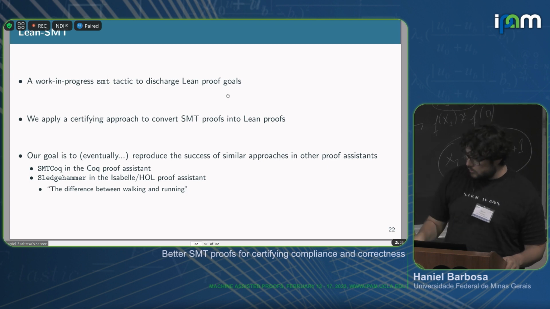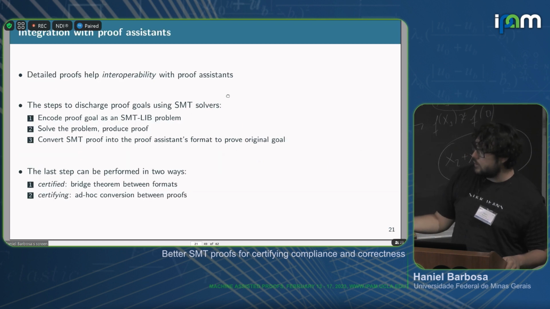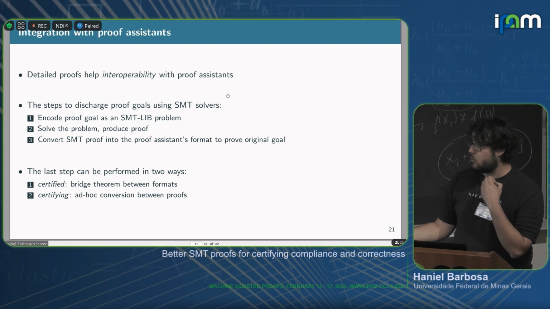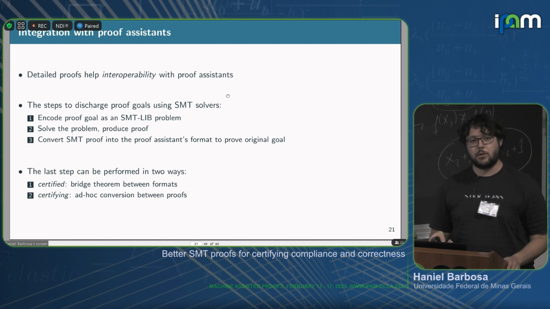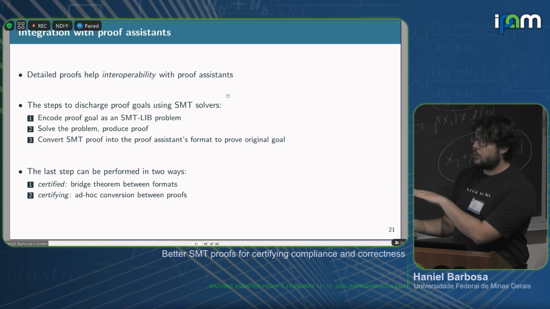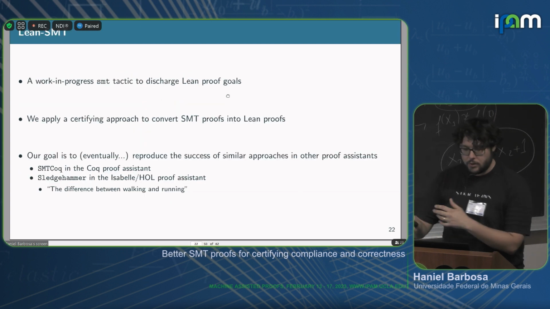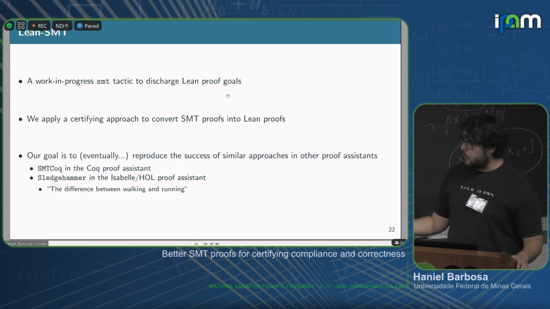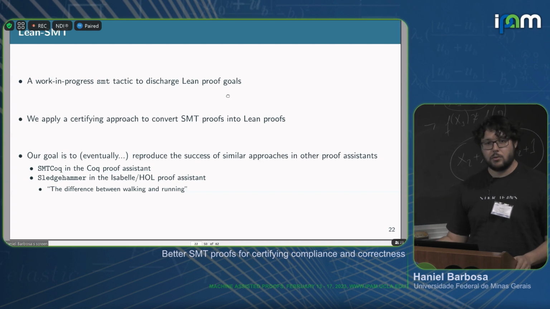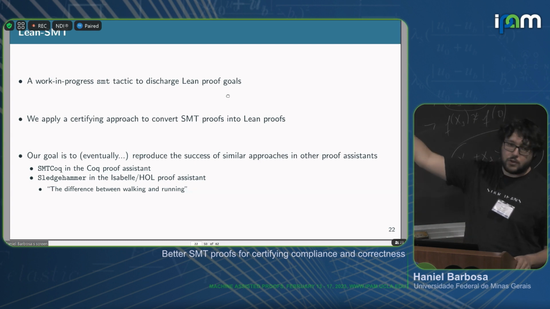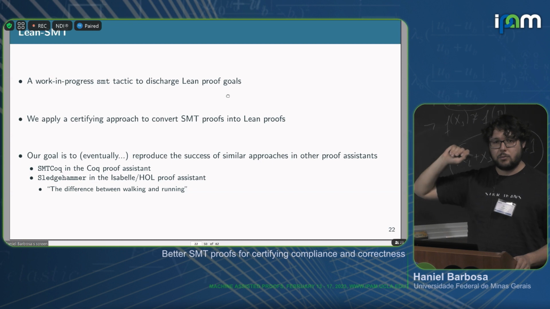And they do the three things I was saying here: they encode the problem into SMT, they call an SMT solver on that problem, they take the proof from the solver, and then they import it into the proof assistant. This Lean SMT tool that we are in the process of developing similarly does this as these other tools, using CVC5 to solve the problem and produce the proof.